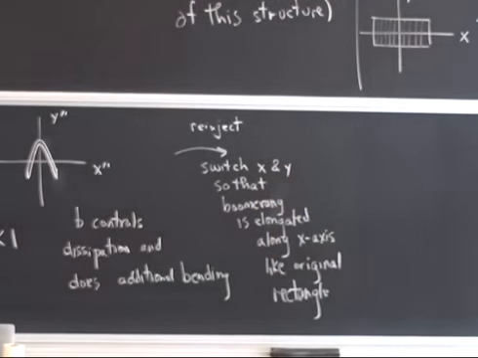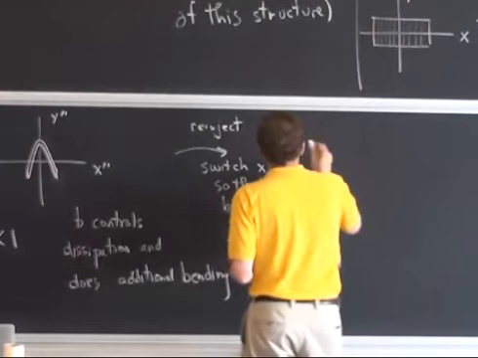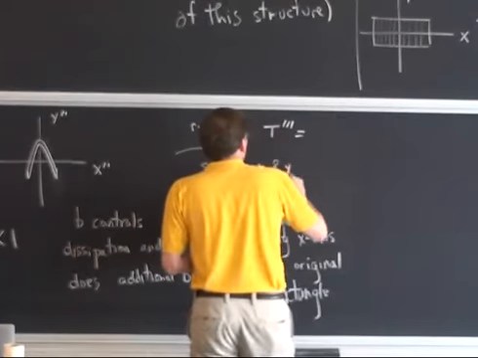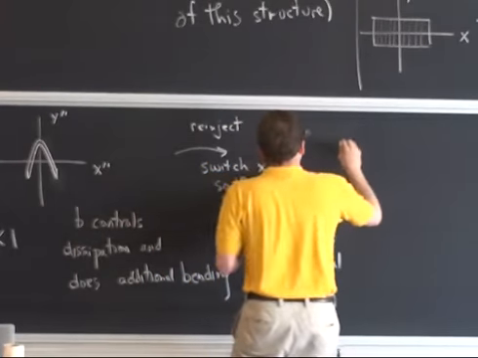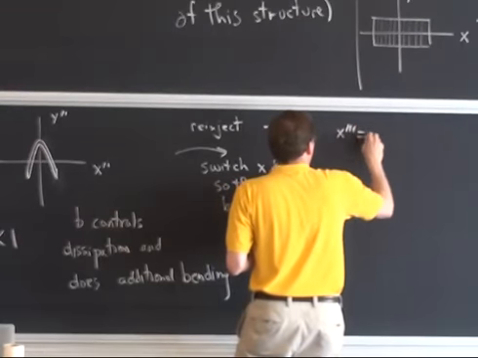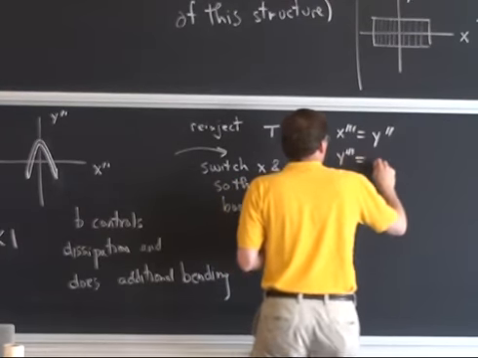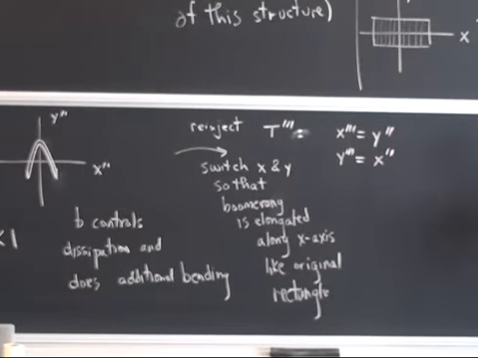And so that means we're just going to define x triple prime to be, that is this map, T triple prime, makes X triple prime equal to the old Y double prime, and Y triple prime is X double prime. And that produces this result.